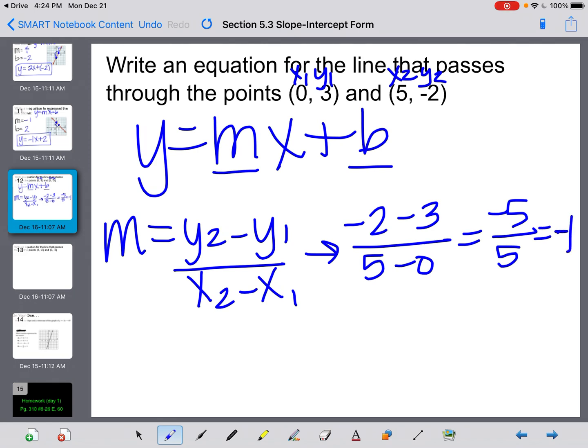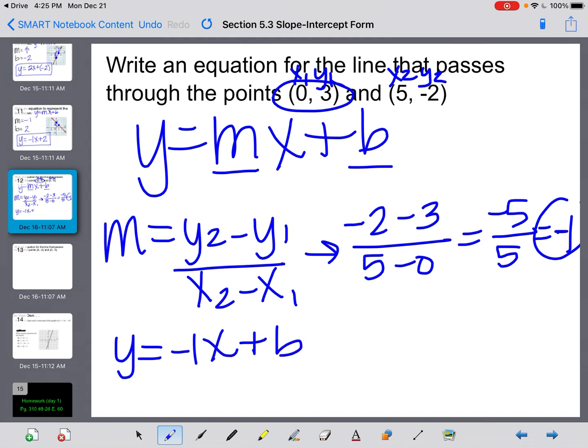My y-intercept, I can actually tell this one is going to be 3 because of that ordered pair. But if I didn't know that, I could plug my slope in. So y equals negative 1x plus b. And then just pick one of these points and plug it in.